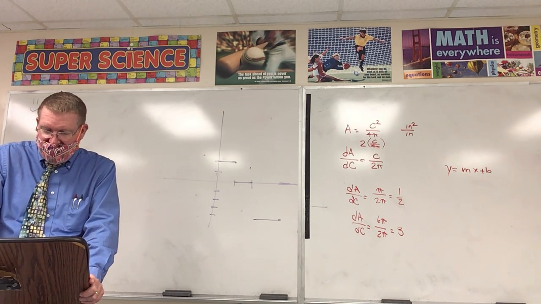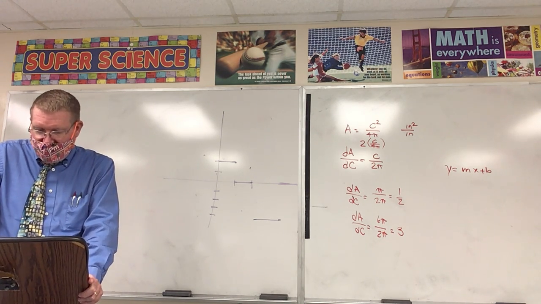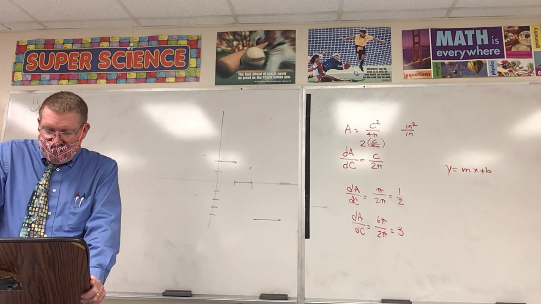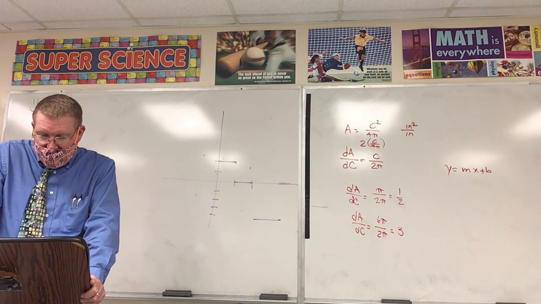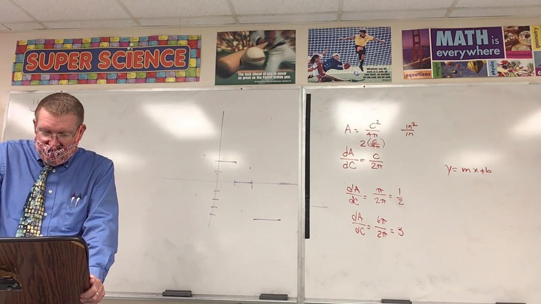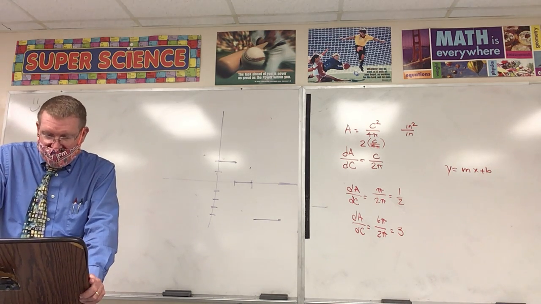How long did it take us to get there? 73 seconds. I thought it was asking for the average speed throughout the whole thing. No, just for the first 5. It's 0.068. Yeah. Correct. All right.